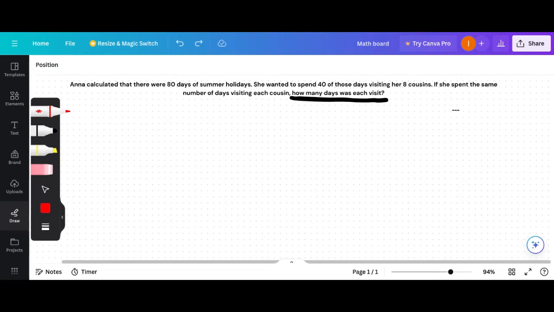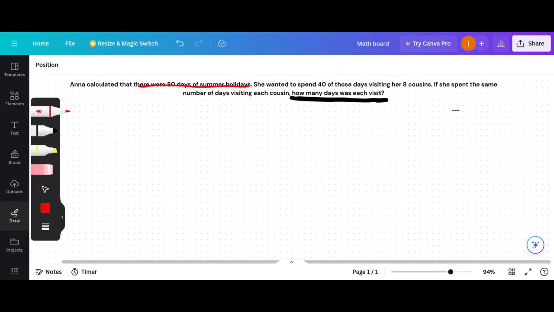So, there were 80 days of summer holiday. Technically, you might think it's important, but if you look here, she wants to spend 40 of those days visiting her 8 cousins. How many days was each visit? That's what's important. So we can just cross that out. The 80 days of summer are not important, okay?